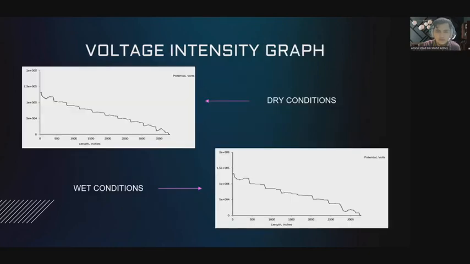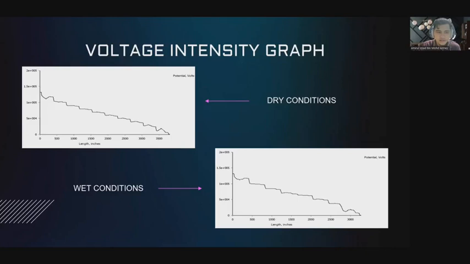And here is the graph for voltage intensity. My left side is the dry condition, and my right side is the wet condition. For both graphs, we can see that they start from the same level of voltage intensity, but as the creepage distance increases, the voltage intensity reduces.